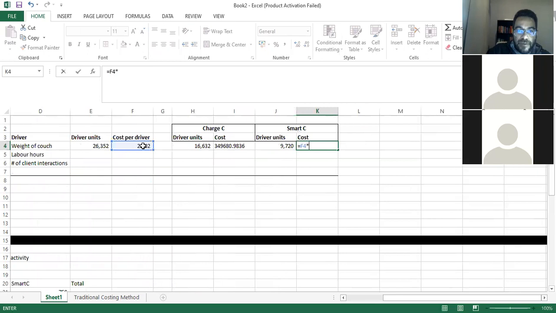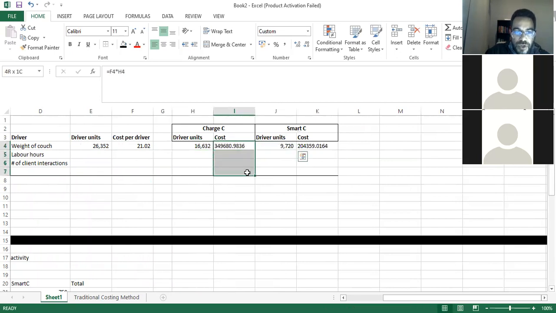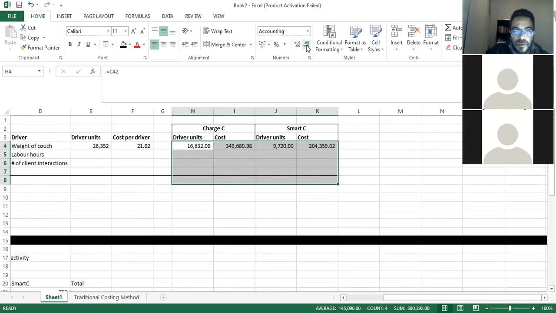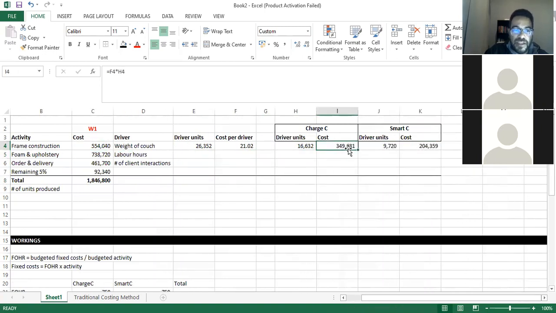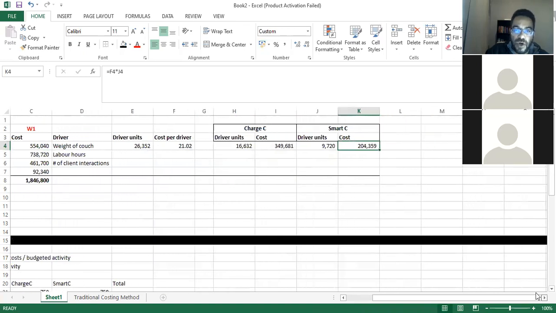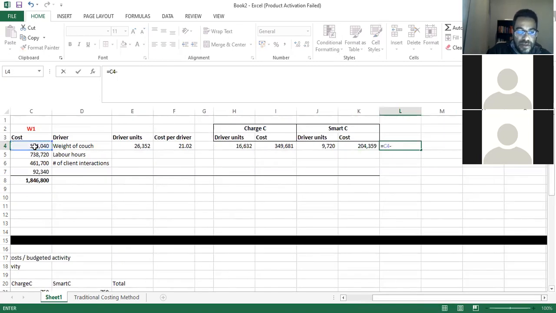So what you notice over here is that of this 554, 349 is allocated to Charge C and 204 is allocated to Smart C. But you might just know that that minus the sum of that must obviously come to 0. It should always be 0.